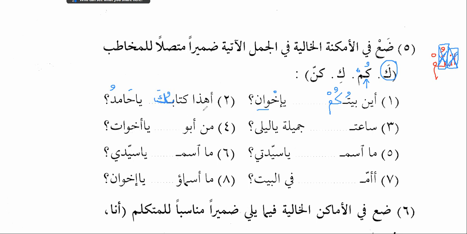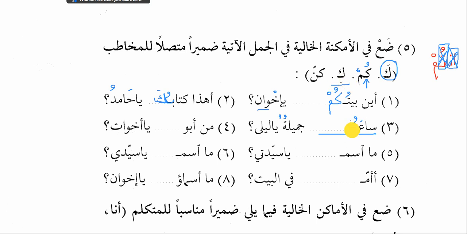Ya Hamidu. Now, Sa'atu dash Jamilatun Ya Layla. So I'm talking to a single female. What will be the structure here when we put the pronoun? Let's first put the pronoun for single feminine, which is with the kasra: ki.